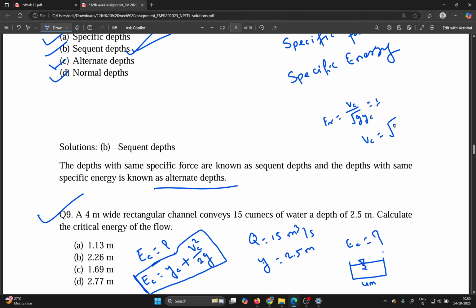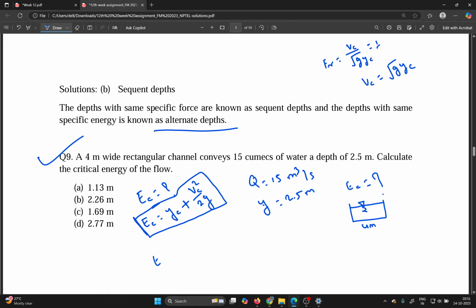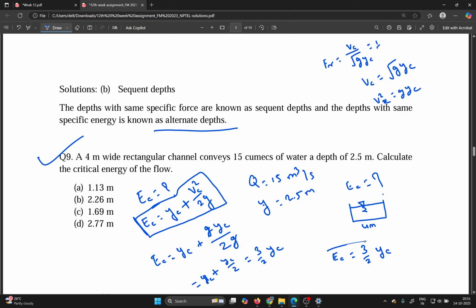So Vc is equal to root of g Yc. Once you put it here, Ec is equal to Yc plus Vc square by 2g, so Vc square is g Yc, giving g Yc by 2g. G will cancel out. So Yc and Yc by 2 means 3 by 2 Yc. For a rectangular channel, Ec is 3 by 2 Yc, because this formula for the Froude number is for a rectangular channel. Remember this.